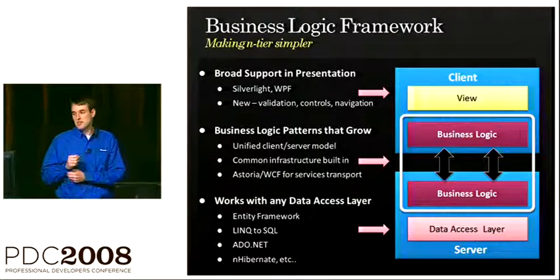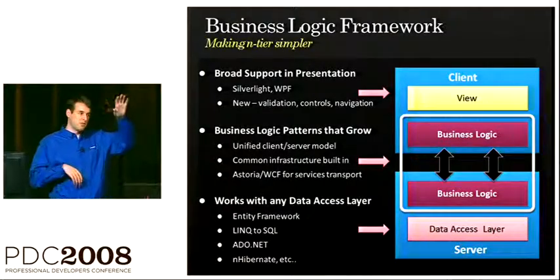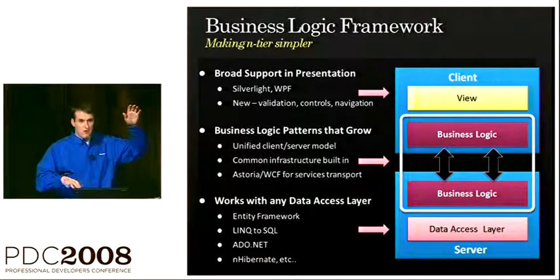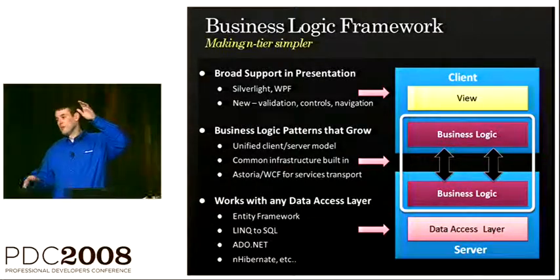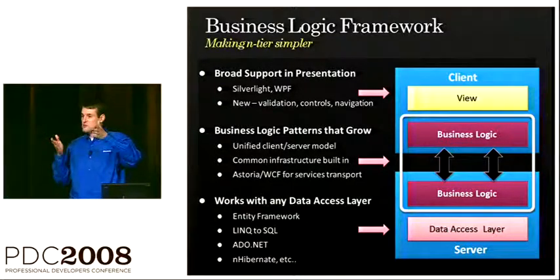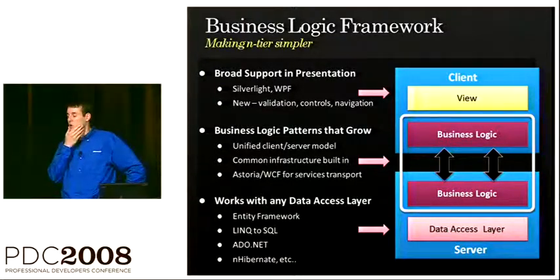So, traditionally, what we give you is the view up top with your client code. We give you the data tier at the bottom with plenty of choices for you to choose from. And then in the middle, we give you those service technologies, but it's up to you in terms of how you shape it and implement it, and it's kind of freeform in a lot of ways.